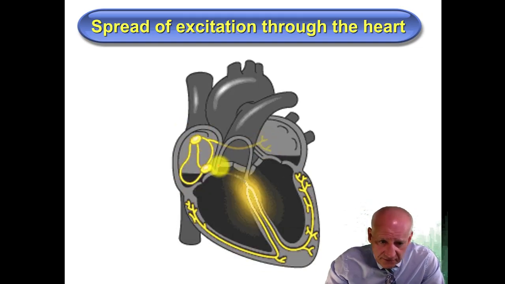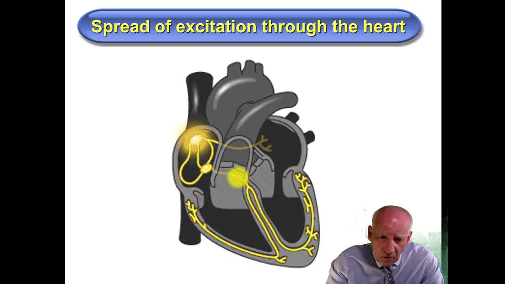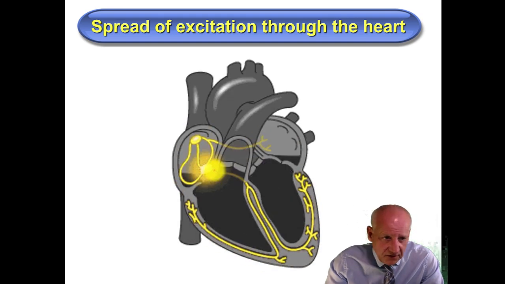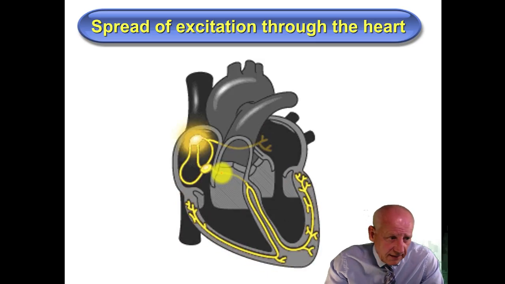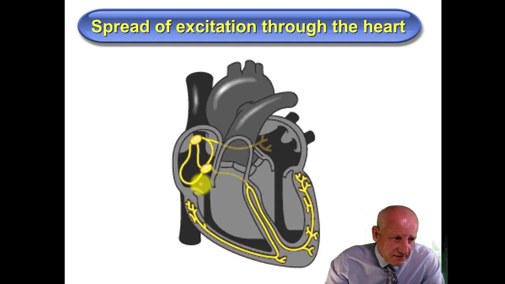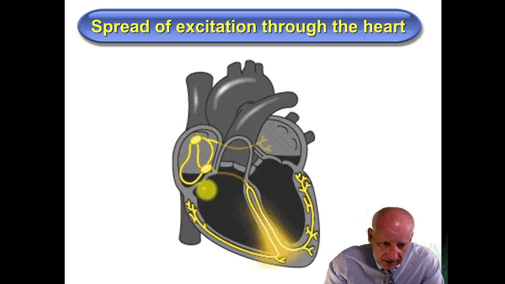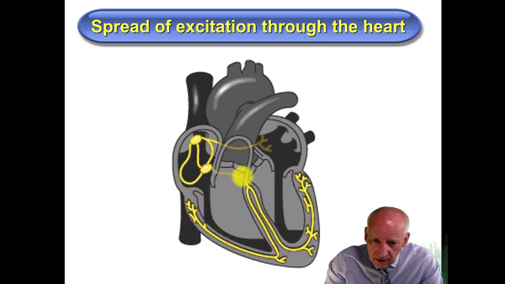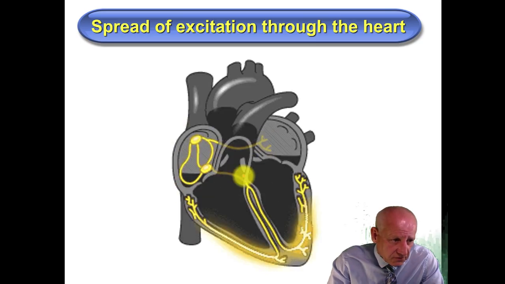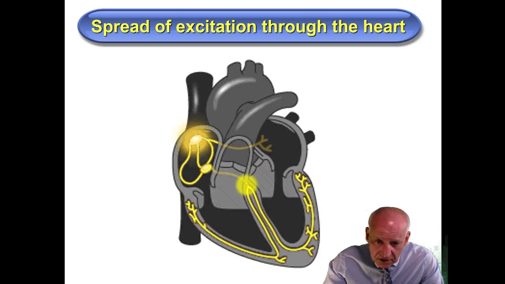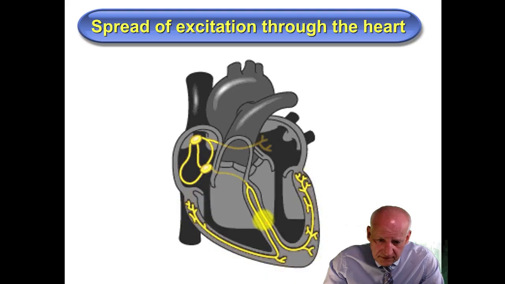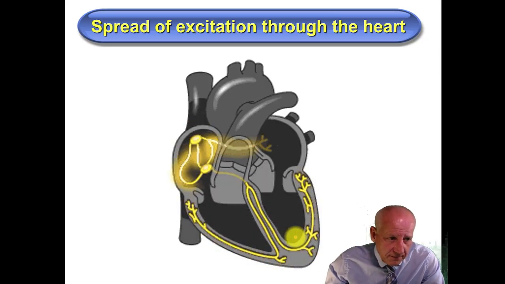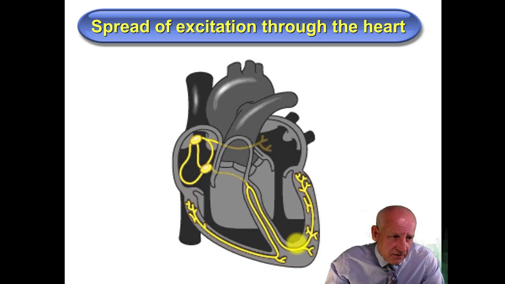Excitation then passes from the atria to the ventricles only via the AV node, and it passes very slowly and delayed momentarily. All other pathways of excitation are extinguished by the fibrous skeleton. So the AV node is normally the only pathway for excitation of the ventricles. Then excitation is rapidly distributed throughout the ventricles by the Purkinje network, starting mainly in the apex of the heart.